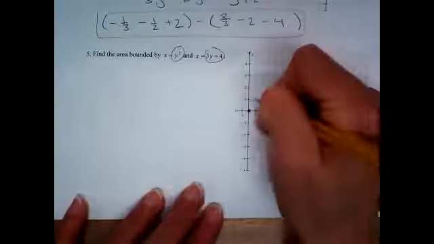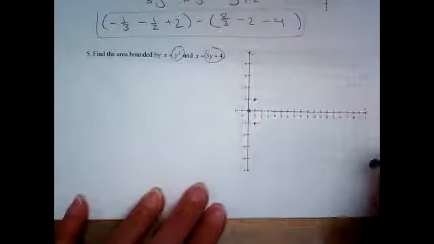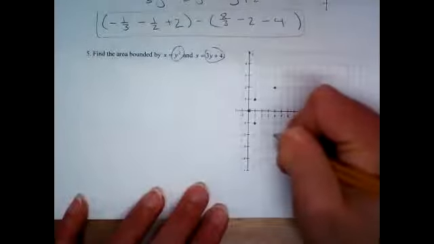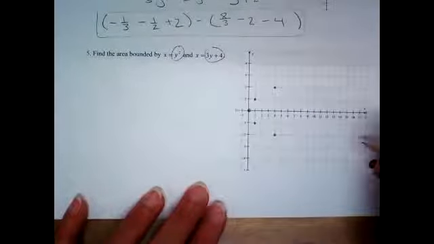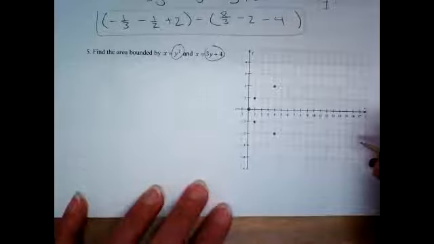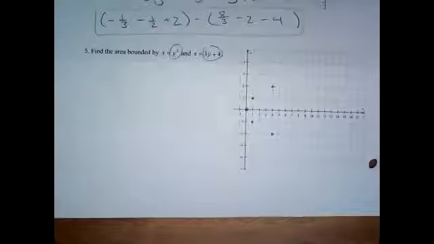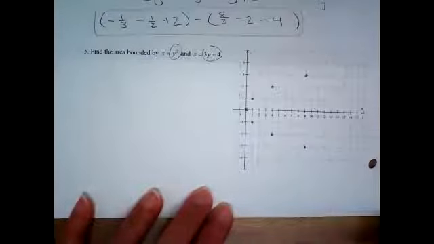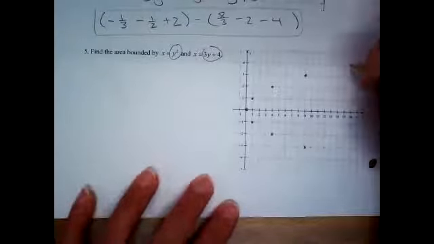You'll have 0, 0, 1, 1, 4, 2. What would the next point be? Only it would be 9, 3, yeah. But you could turn your paper and just do 3. Oh, did you turn your paper sideways? 16, 4, yeah.